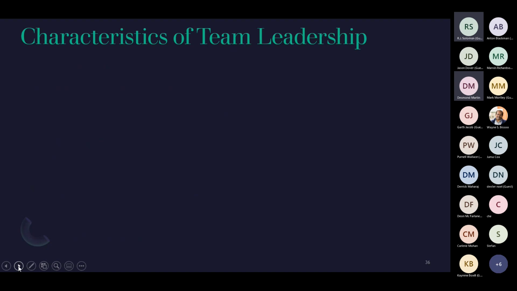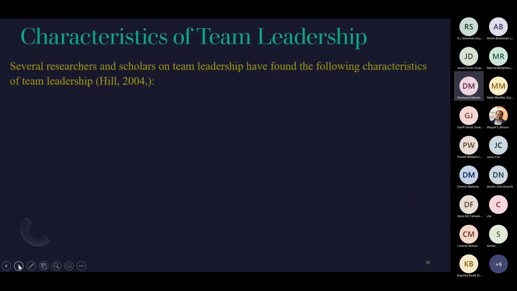Characteristics of team leadership. Several researchers and scholars on team leadership have found the following characteristics of team leadership. Hill, 2004. One, establish clear goals. Two, have a results-driven structure.